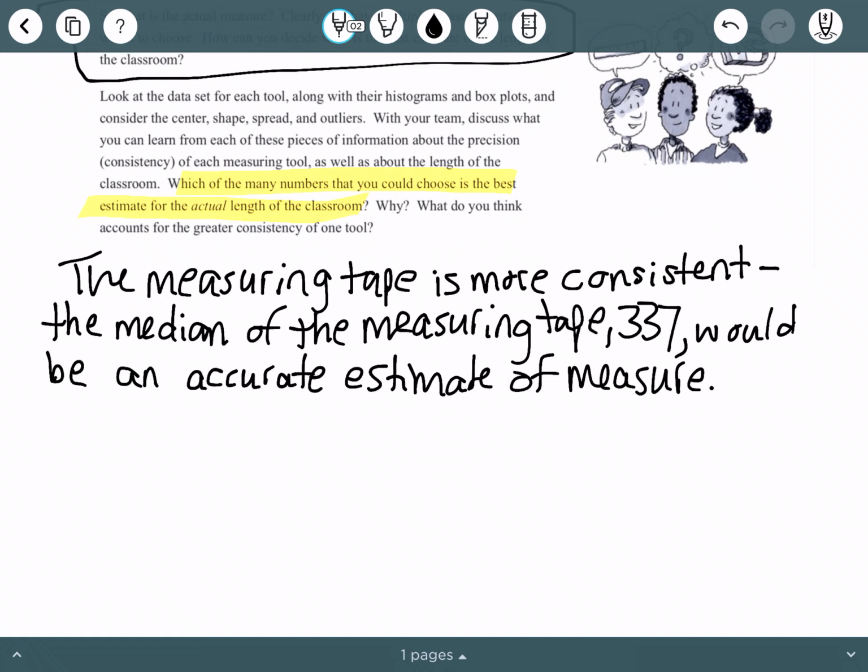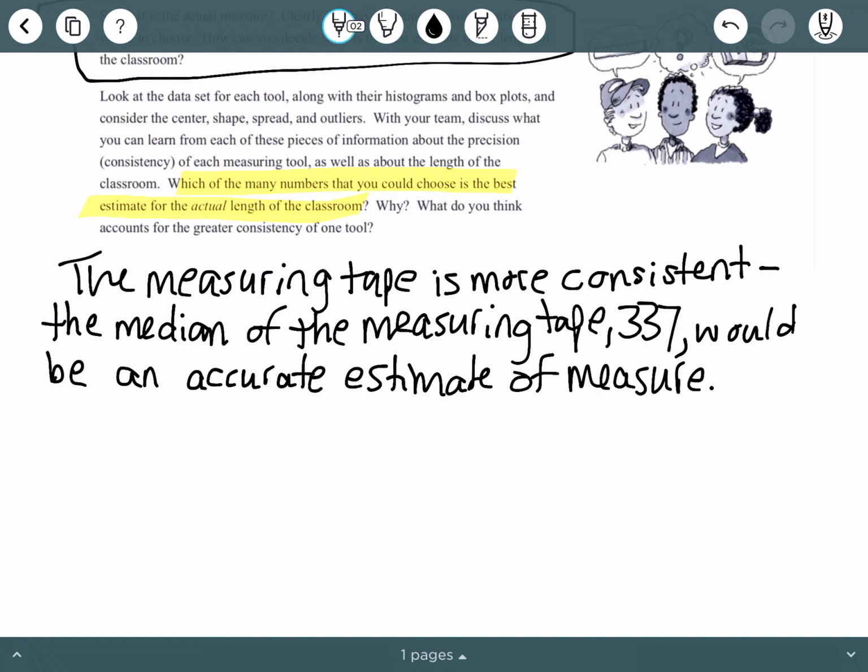So if you think about the measuring tape, you can have one person stand on one end of the room and the other person extend it all the way out to the other end of the classroom. With the ruler, if you start on one end of the room, one person has to put their finger down and mark where you left off, and you have to keep picking it up and putting it back down. So there is room for human error in that method of measurement.